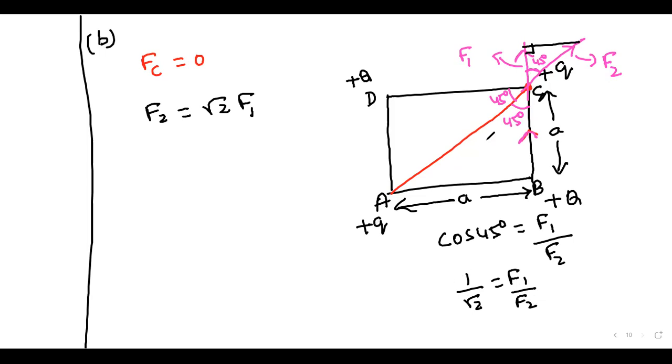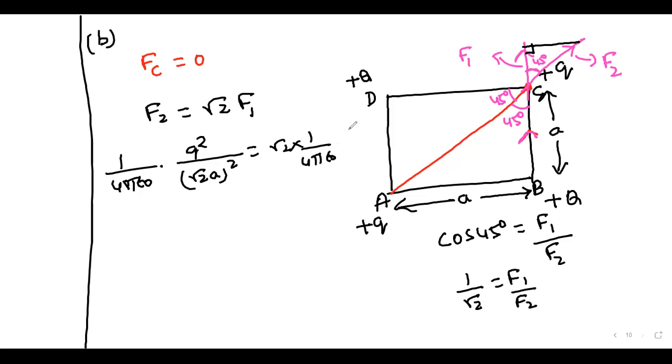F2 is 1 by 4 pi epsilon naught, Q square by root 2A whole square. Root 2 times F1 is 1 by 4 pi epsilon naught, small q times capital Q by A square. Is it fine?